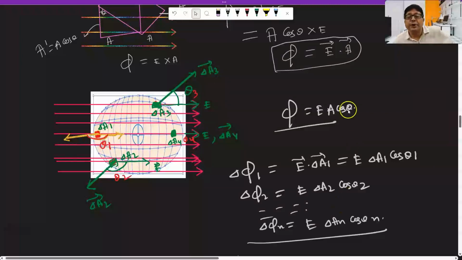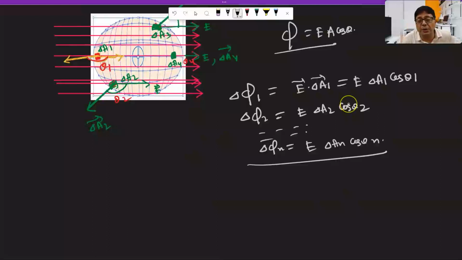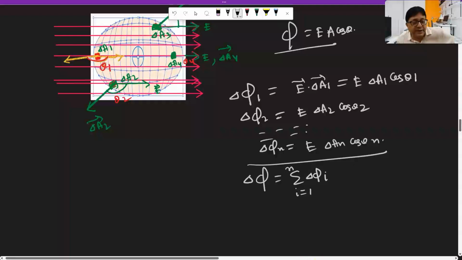Clear? So the net flux is going to be delta phi equal to sigma delta phi i. Suppose n segments are there, n tending to infinity, all these mathematical things are there. I am taking n segments you have divided. N is tending to infinity actually.